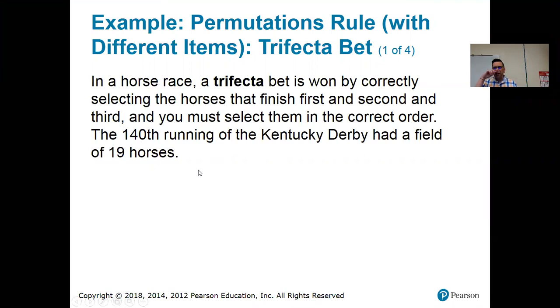So what they're getting ready to ask me, spoiler alert, is how many different ways could I select my trifecta bet, and then what's the probability of picking the one that matches the specific 3 horses? I want to be very careful how I say this, and I'll tell you why in a minute.